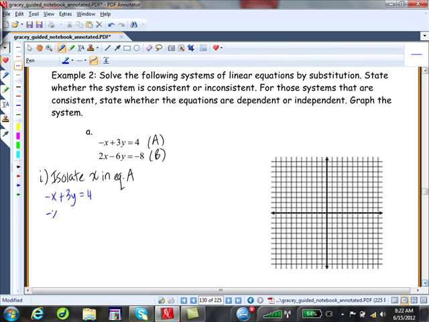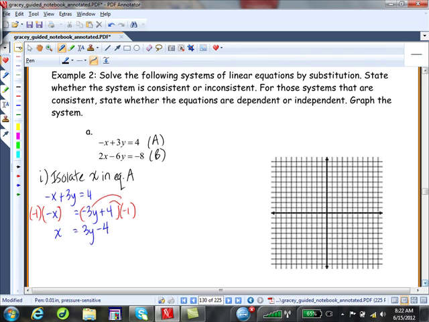Negative x equals negative 3y plus 4. We need to multiply both sides by negative 1, and that will distribute through the binomial. So we'll get positive x is 3y minus 4.